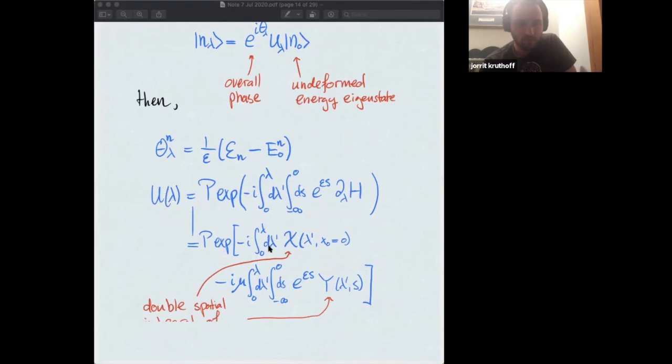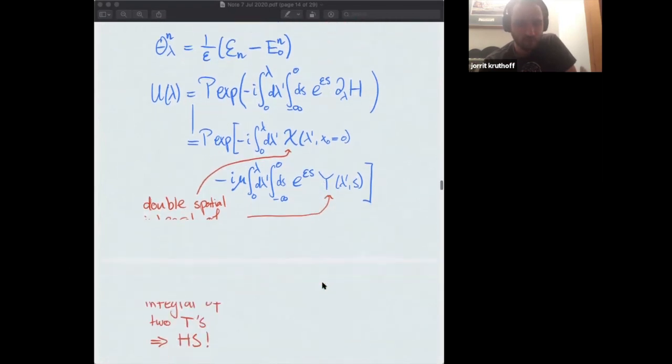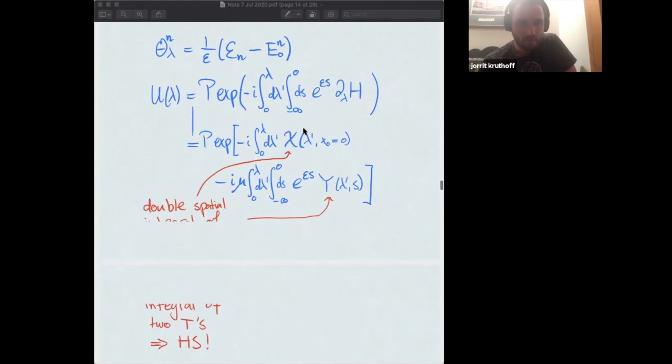This operator U, so let's directly go to the second line, is related to this chi operator that I showed you before, and this y operator. Now, this chi operator is a double integral of two stress tensors.